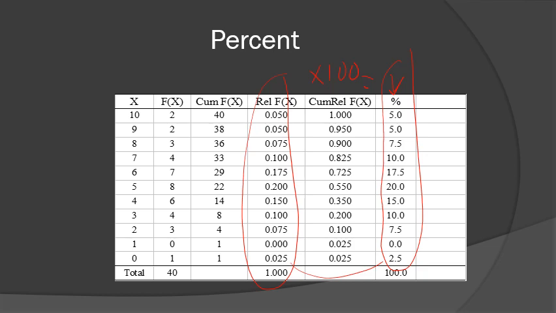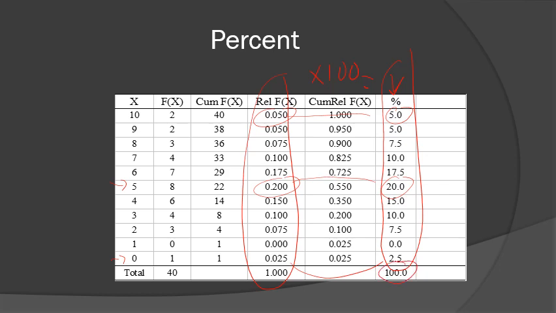That means 2.5% of the whole has a value of 0. Up here you get the 0.200, it becomes 20%. That means 20% of the values in the data set have a value of 5. All the way up to the top with the 0.050, that becomes 5%.